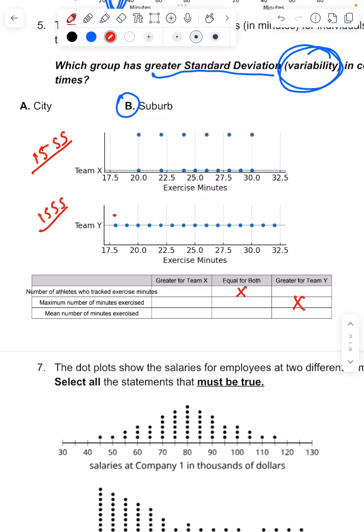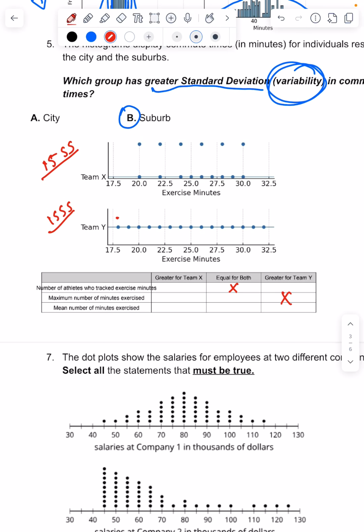I was just trying to see if this is symmetric. I know that this one's symmetric down here. So the values are 1, 2, 3, 4, 5, 6, 7, 8, 9, 10, 11, 12, 15. So 15 values. That means 7, that's 14, so the middle value is the 8th.